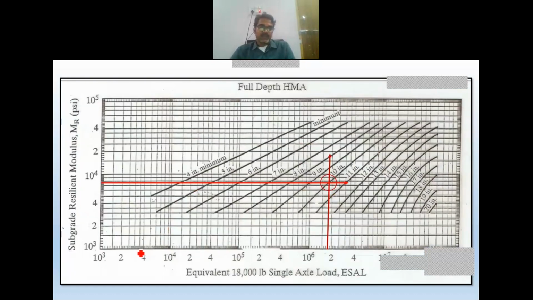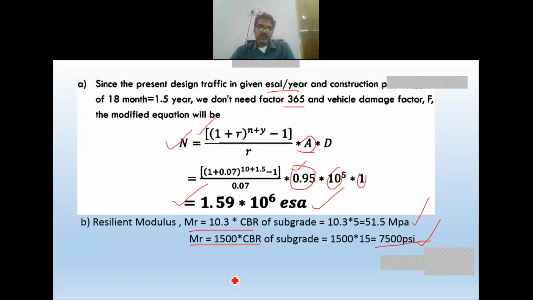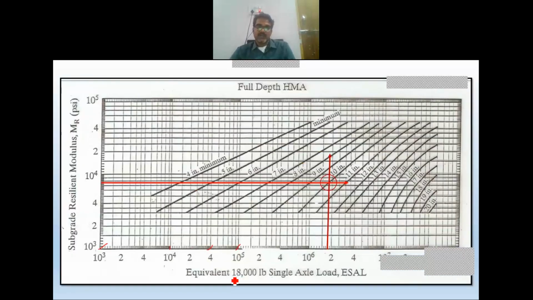Now this is a log graph, where it begins with 1000. 10 cube means 1000, 2000, then 4000, then reach 10,000, 20,000, 40,000, then 1 lakh, 10 power 5. Okay. So in our case, the value is 1.6 into 10 power 6.